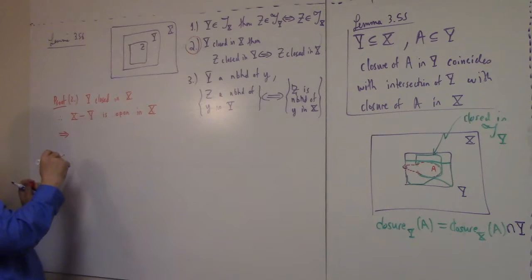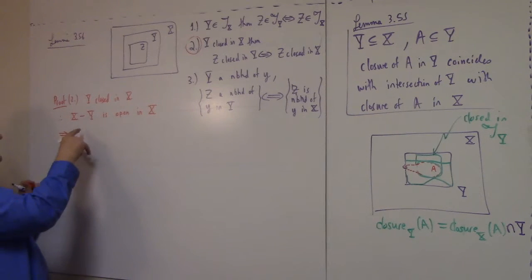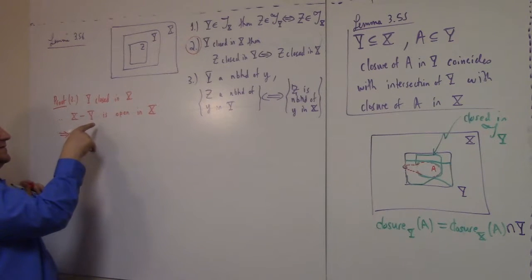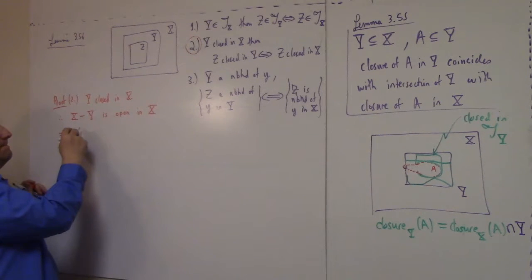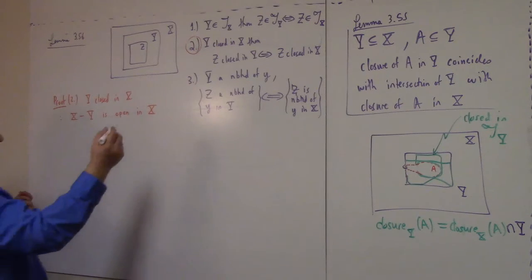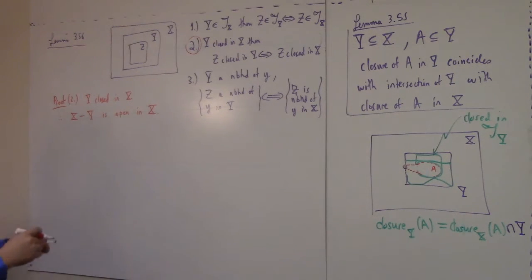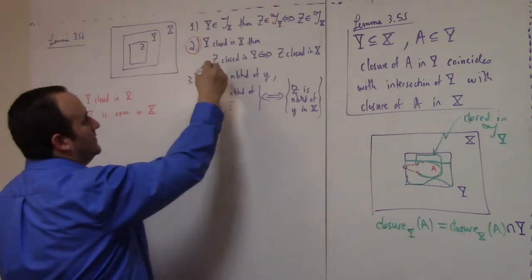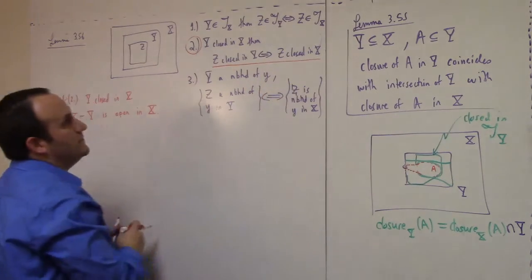I'm just gathering data before I try to prove anything. Okay, that's what we have to work with. But then what are we supposed to study? We're trying to study this biconditional, right?